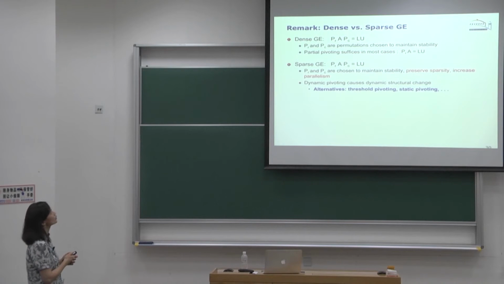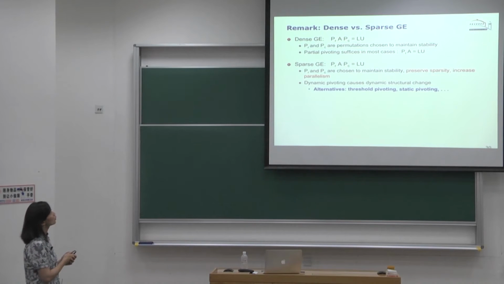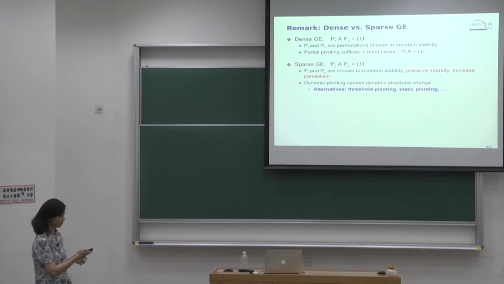Most commonly we use partial pivoting, which means we only do the row permutation or column permutation. But for some linear algebra algorithms, if you want a more stable algorithm, it's necessary to do both row and column pivoting, and they call this complete pivoting. But most commonly, we don't need to do complete pivoting.